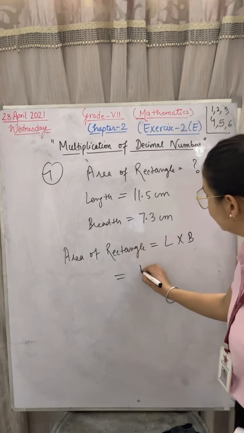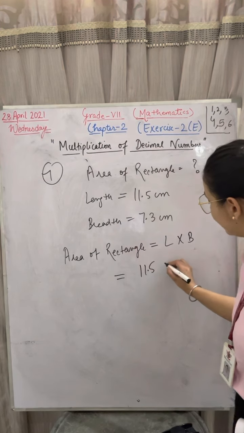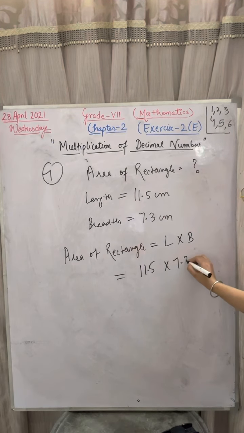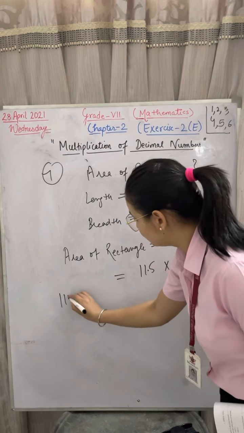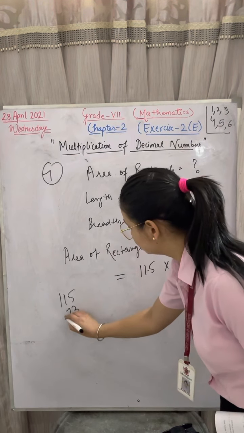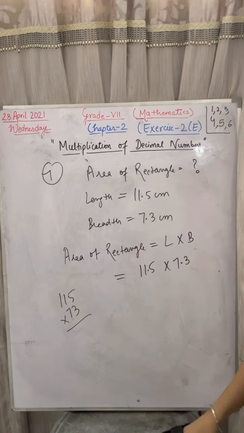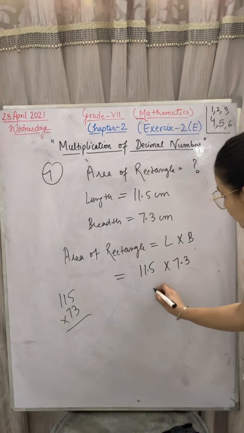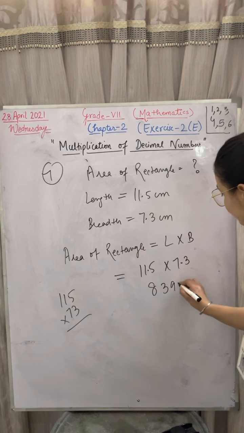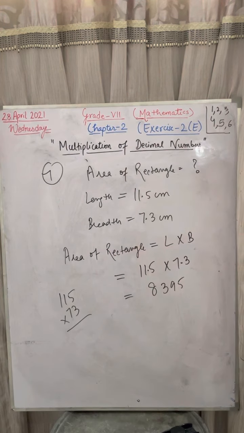Now multiply 11.5 into 7.3. Now quickly do the multiplication. 115 into 7.3. 8395. Very good. Now before how many digits can I place the decimal?